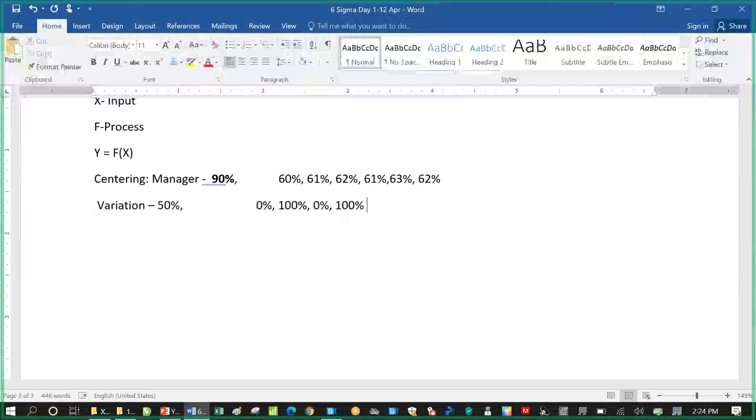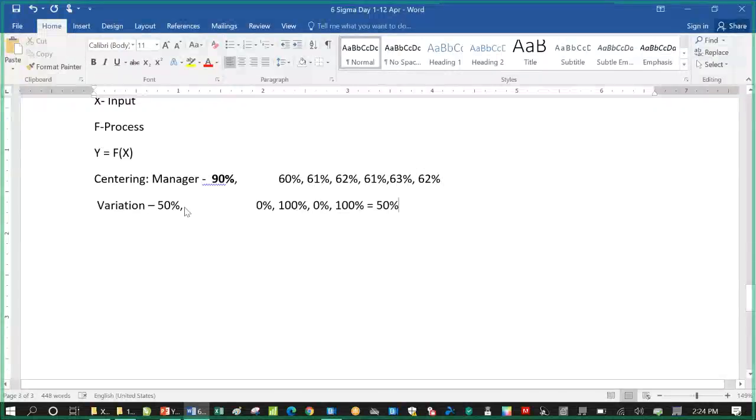So when I look at this 0, 100, 0, 100, when you look at the overall, you say average will be 50, right? But the challenge here is, you're meeting the target, but the problem is there is too much difference in data points: 0, 100, 0, 100.